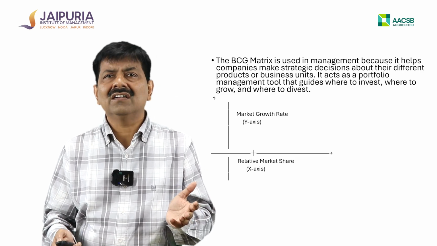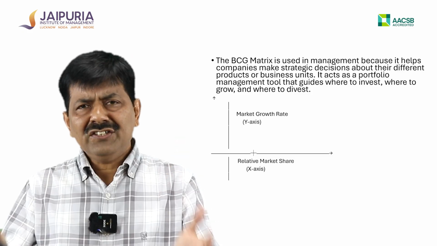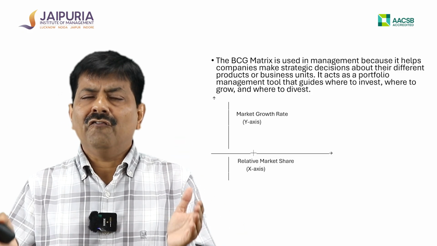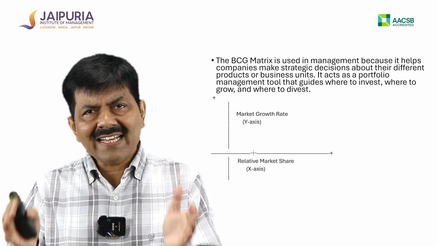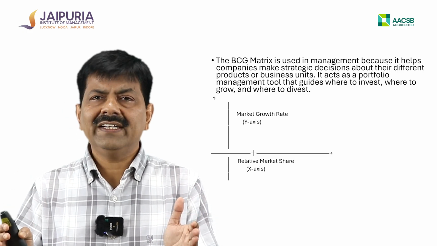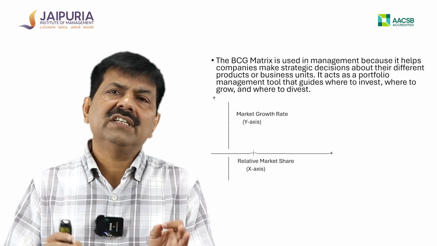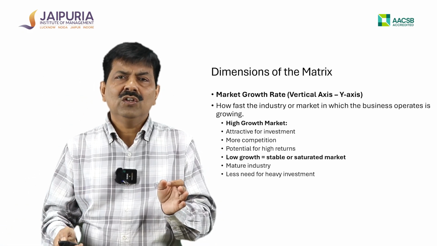So let us first start with the dimensions of this BCG matrix. It has two dimensions, the y-axis and the x-axis. The y-axis stands for market growth rate and the x-axis stands for relative market share. First we have to understand what market growth rate is.